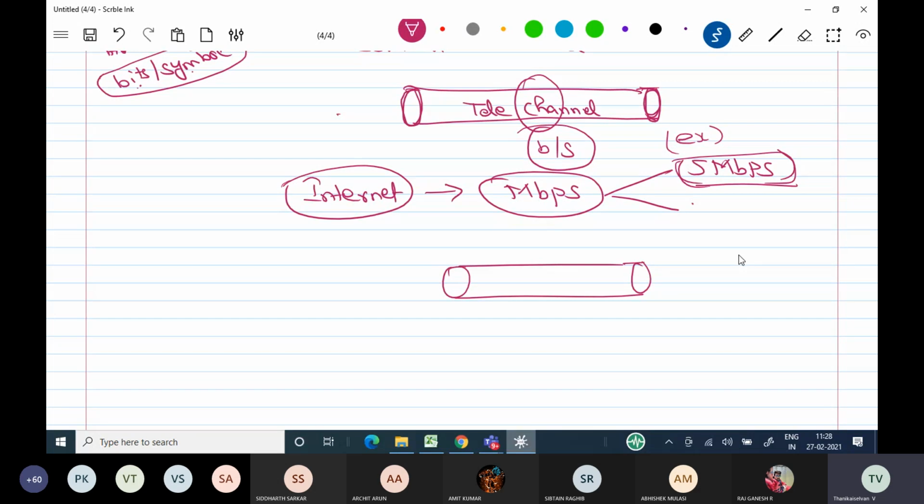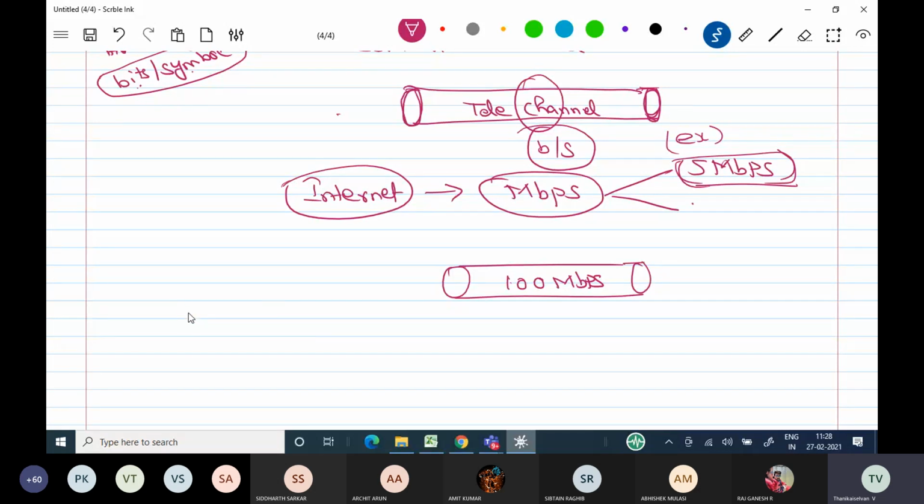Very simple explanation. Whatever channel I have taken, it may be a wired or wireless channel. My channel can carry 100 Mbps, but I cannot always provide 100 Mbps. There is a theory behind this.